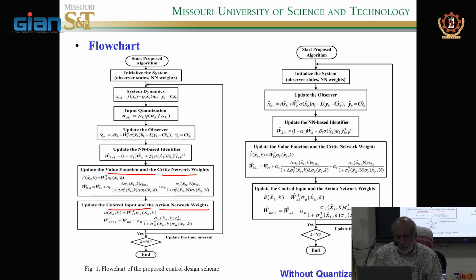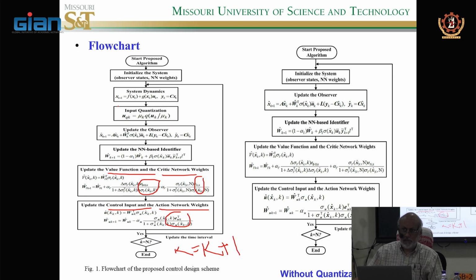And action neural network update using this u, and here is the Bellman error, terminal constraint error, here is the Bellman error update. And then you check the time. If the time is reached n, if time is not reached the final n, then k becomes k plus 1.